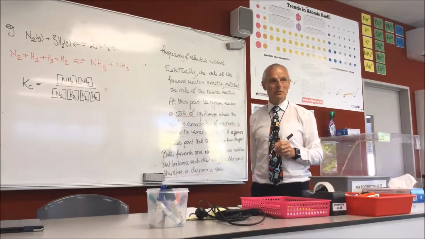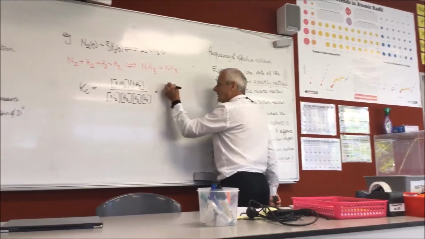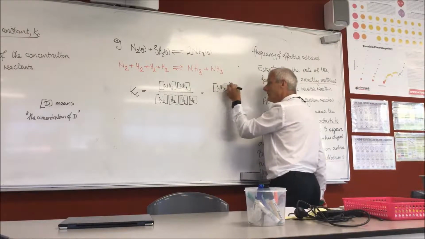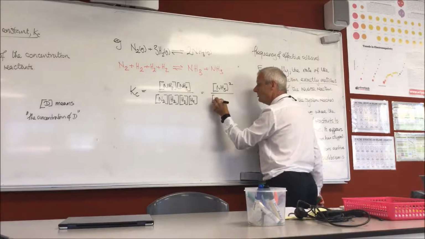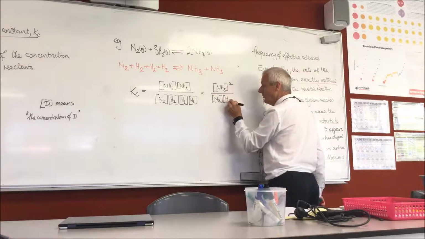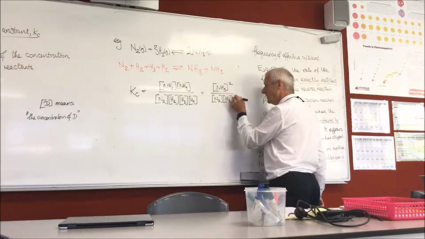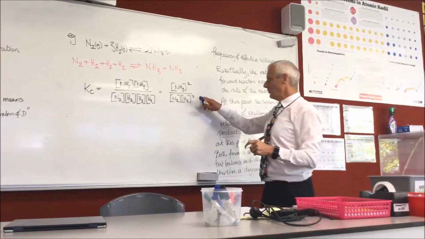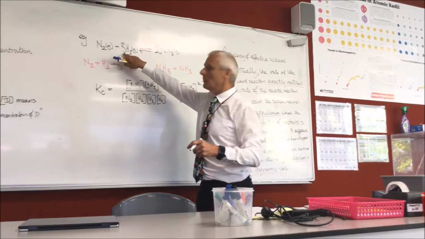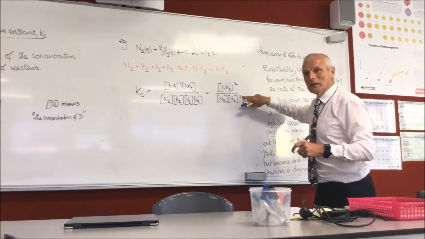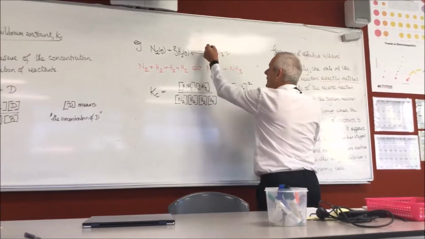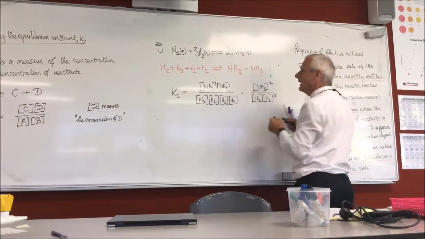What can I put on top? Concentration of NH3 squared. And then we've got N2 times the concentration of H2 cubed. So in other words, you don't put the number down here, you put it as a power up here. Whatever the number is there, it's the power you put here.